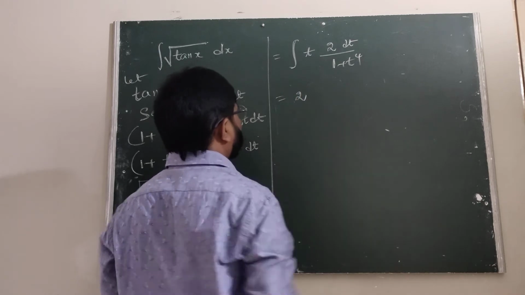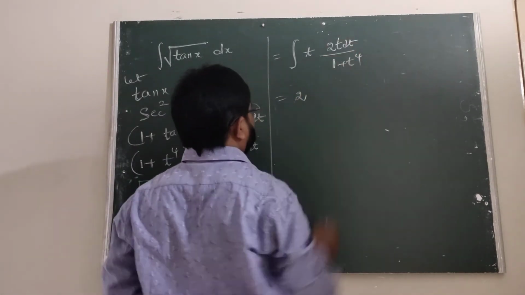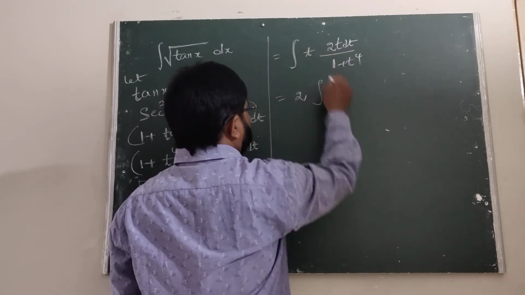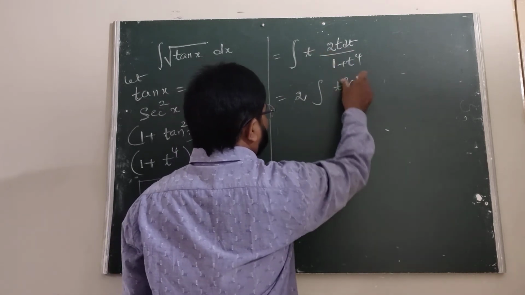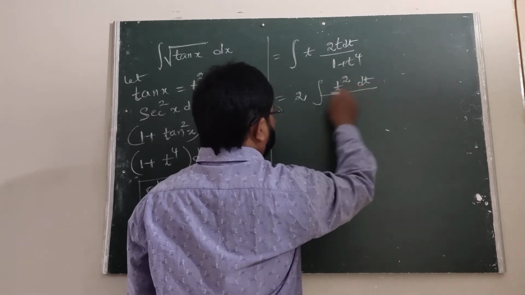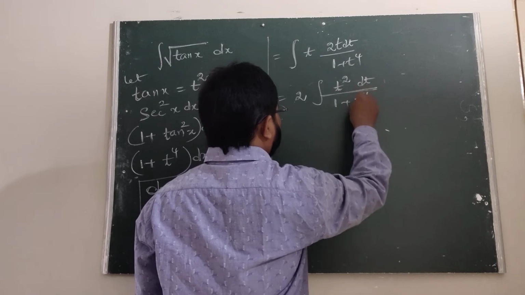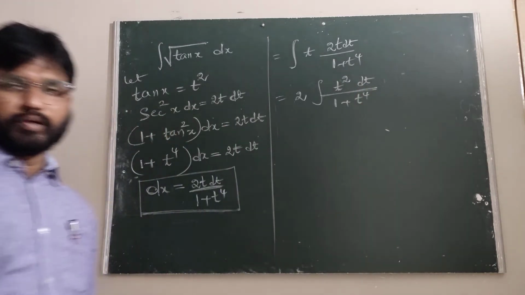Now t into t is t square, so we get 2 t square dt upon 1 plus t power 4.